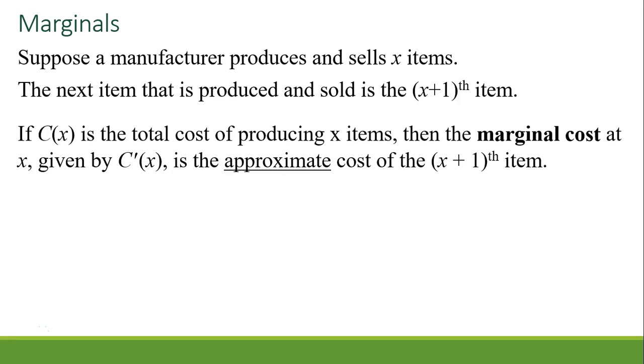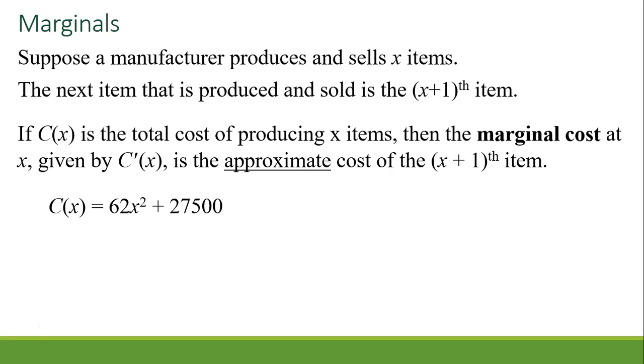Now if we know the cost of producing a total of X items, then we can come up with an approximation of producing the next item, item X plus 1, by using a derivative. And that derivative is something that we call the marginal cost of producing that X plus first item.